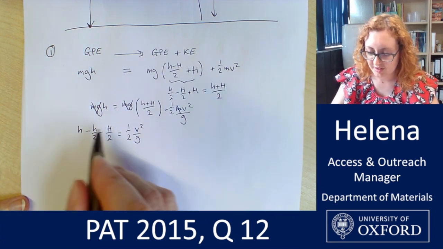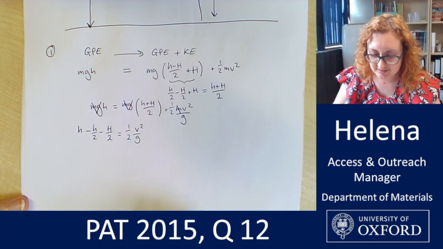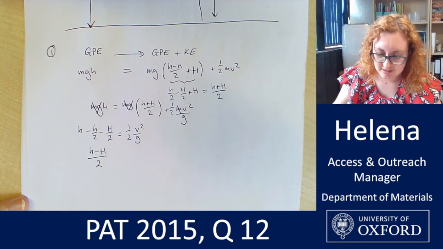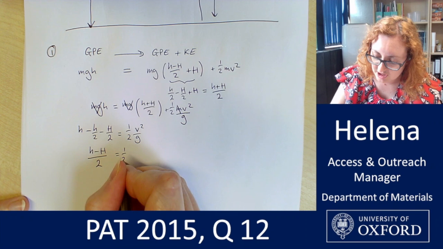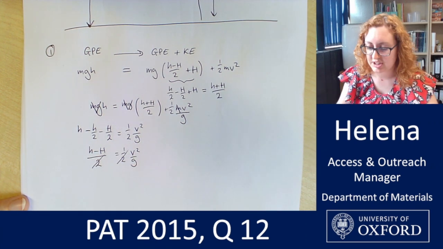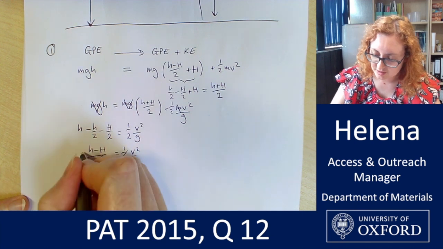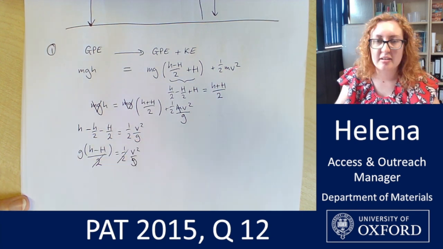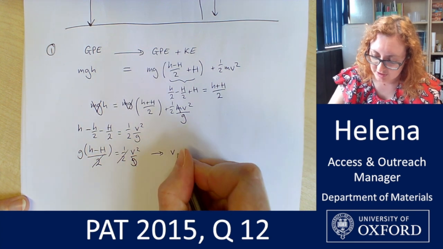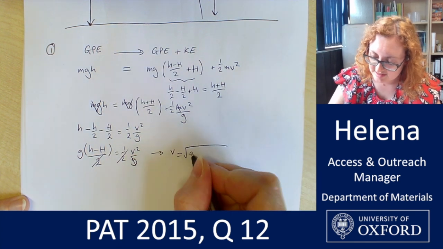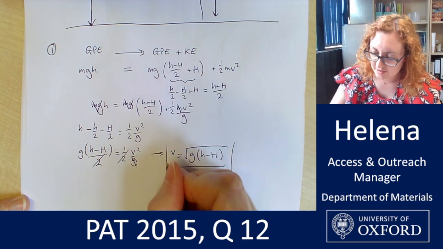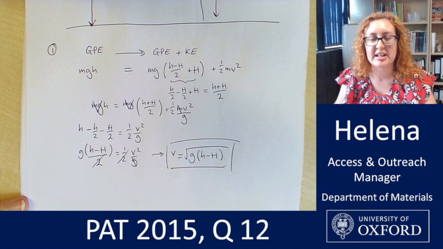Okay, simplifying this side, we can see that we're left with (h minus H) over 2, which is equal to a half v squared over g, multiplying by 2, and also multiplying by g over here, we get an expression for v squared, which, if we square root it, gives us the expression that we want for our speed when the ice cube is halfway down the slope.